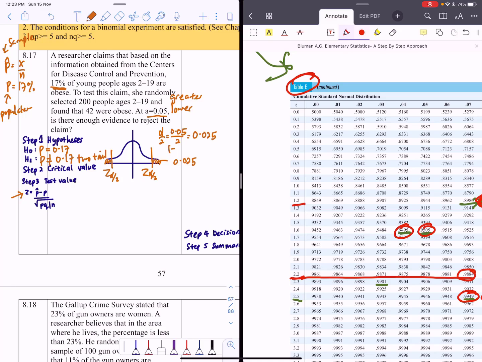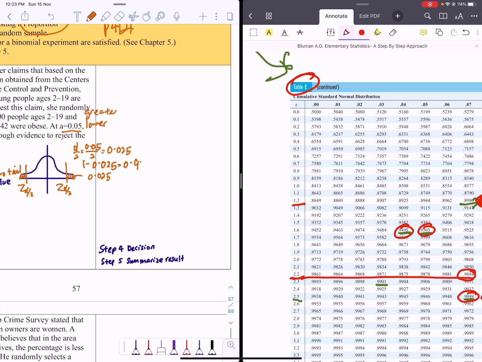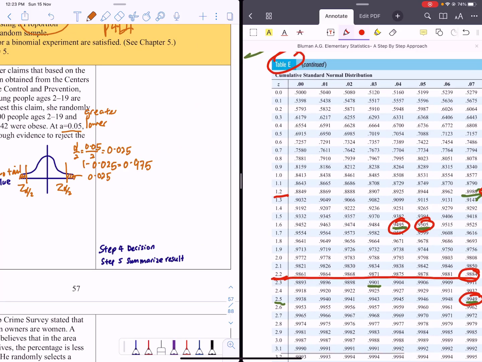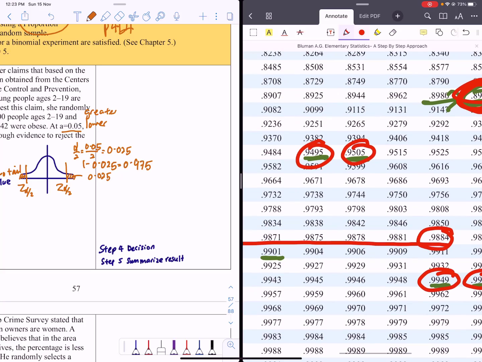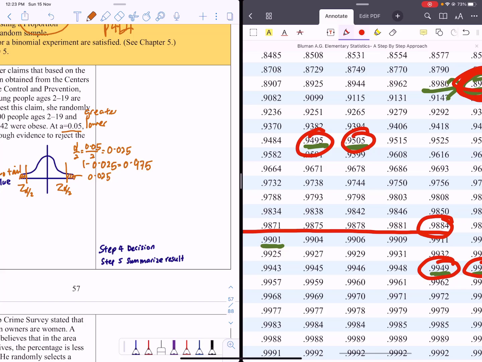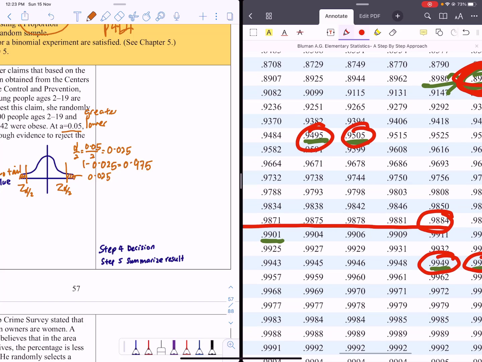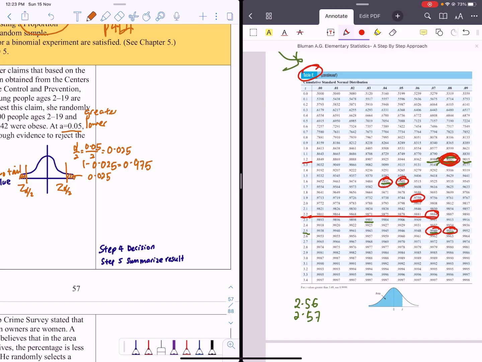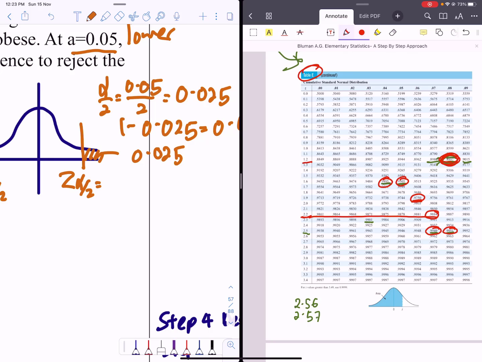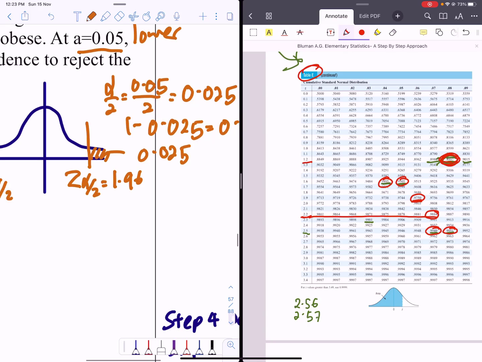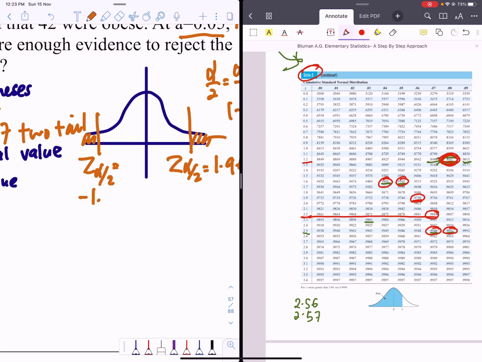We need to minus from 1, equals to 0.975. Okay, here 1.96, equals to 1.96 and also negative 1.96.